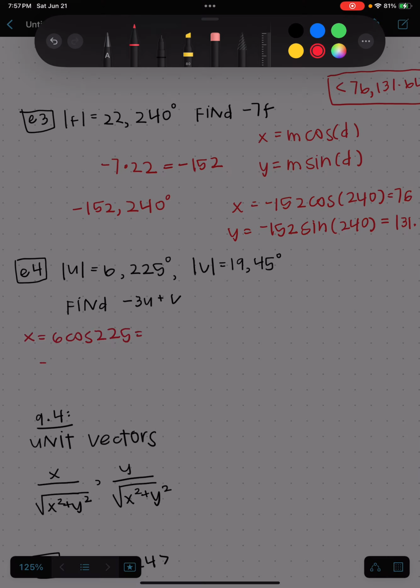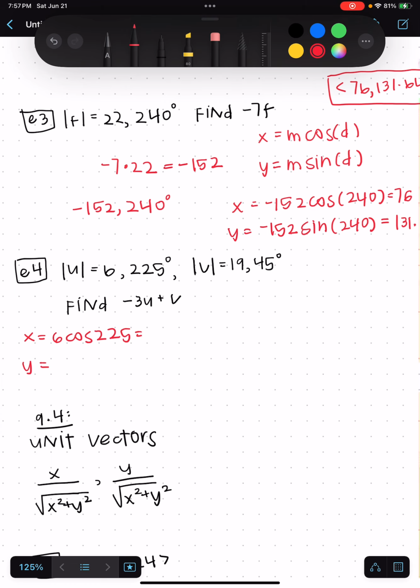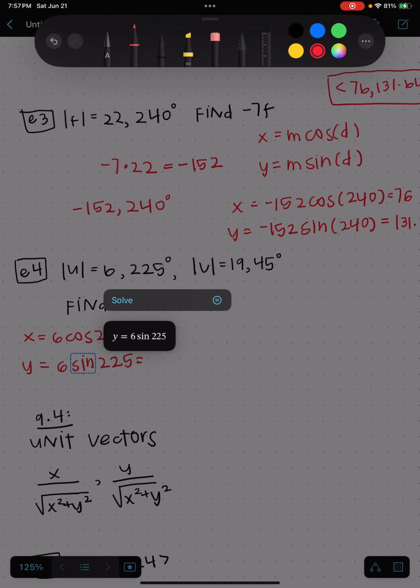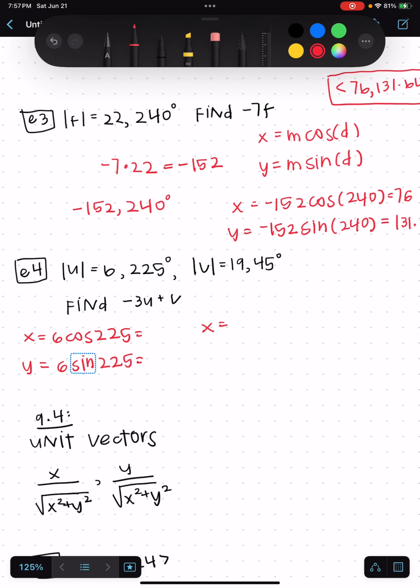And then for my y, sorry, my iPad's having a panic attack, it would be 6 times sine of 225. Then for my vector v, x is equal to 19 times cosine of 45, and y is equal to 19 times sine of 45.